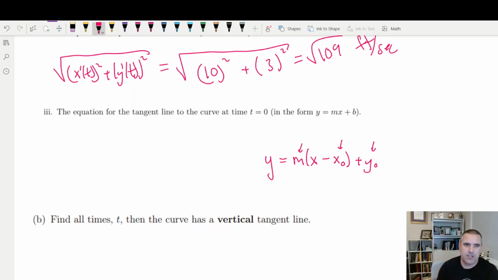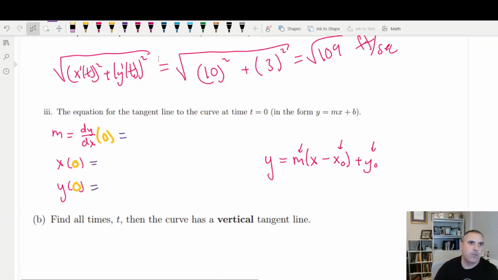Since we're talking about the tangent line, the slope is going to be the derivative. That's dy/dx. That's where we're going to have to use our skill. The x value and the y value we're also going to have to compute because they didn't give us either one. What they gave us was t. They told us t was 0. So we would like to know all 3 of these things at 0, and when we have them, we will be done because we can plug them in. M will go here, x will go here, y will go there.